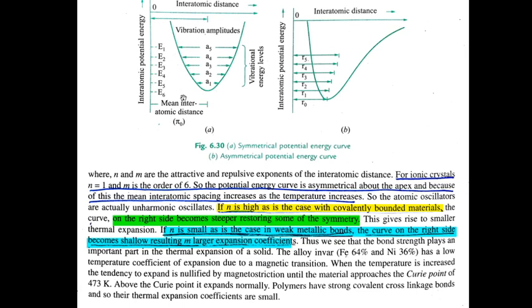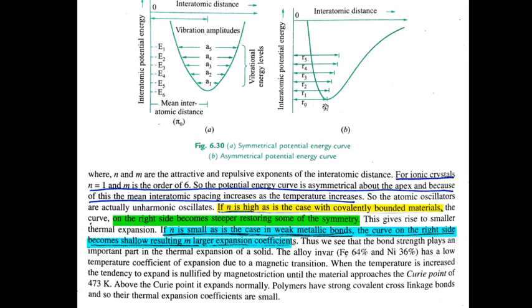We have observed that in the case of ionic and covalent crystals, the expansion is almost symmetrical, whereas in the case of a metallic crystal, the values of m and n are a little bit lower compared to the values of m and n in the case of covalent and ionic bonds.